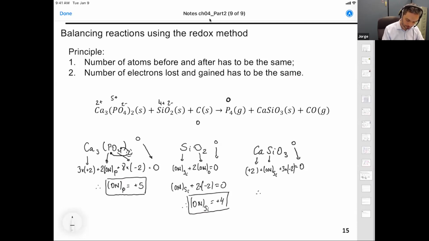Therefore, the oxidation number of silicon in the calcium silicate is going to be, according to my numbers here, +4. So let's write here all the oxidation states. 2 plus for calcium, 4 plus for silicon, and 2 minus for oxygen.